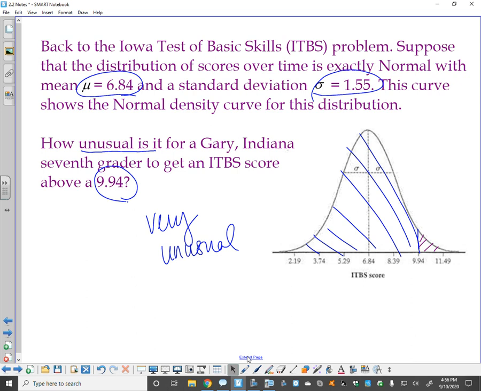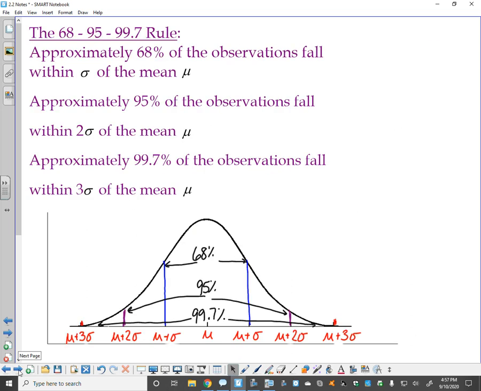Remember, area under the curve represents the proportion that holds that value. Okay, so now I want to be much more specific. Instead of just saying, hey, yeah, it's kind of unusual, I want to know exactly how unusual it is. Okay, here's the 68, 95, 99.7 rule.